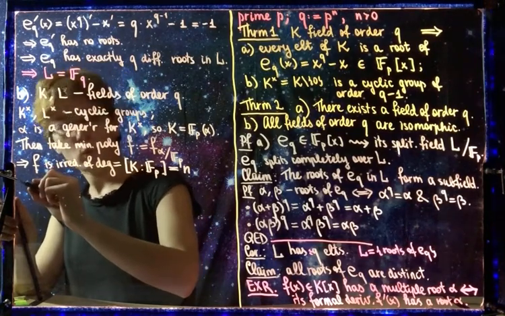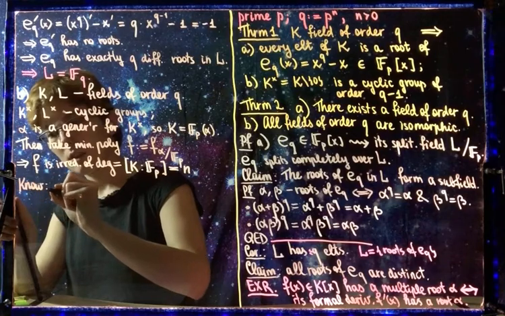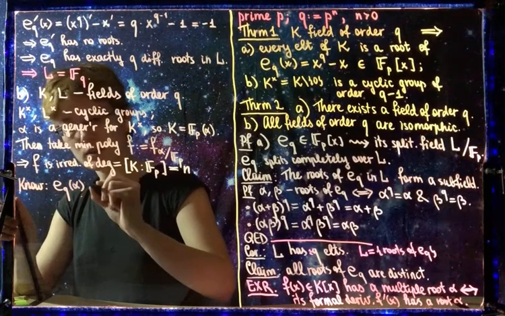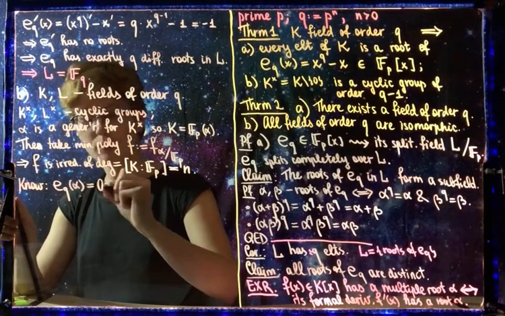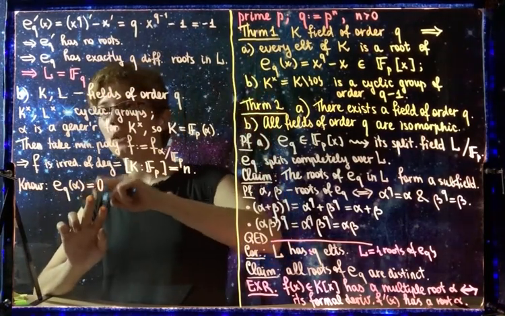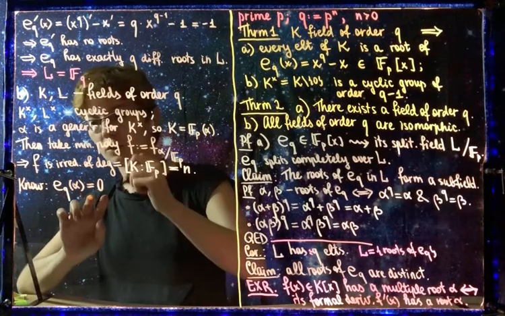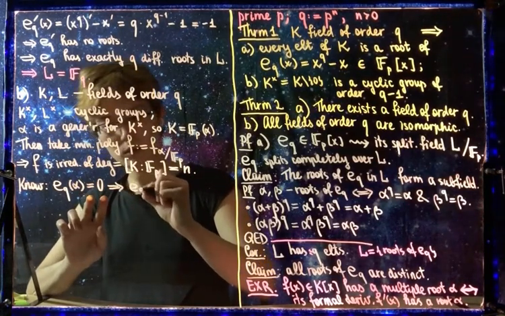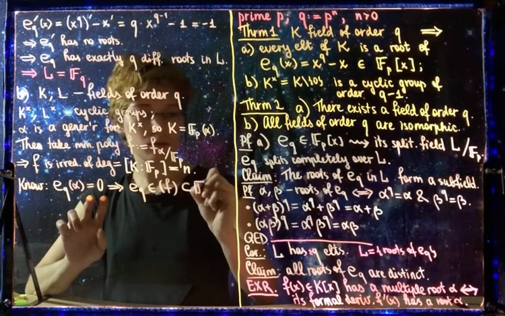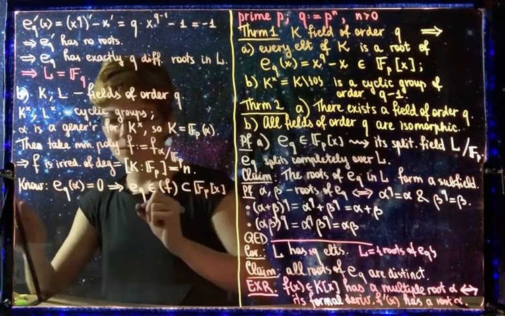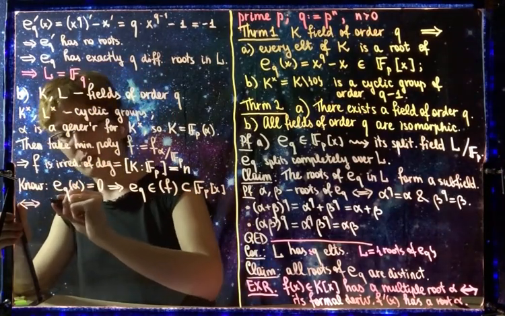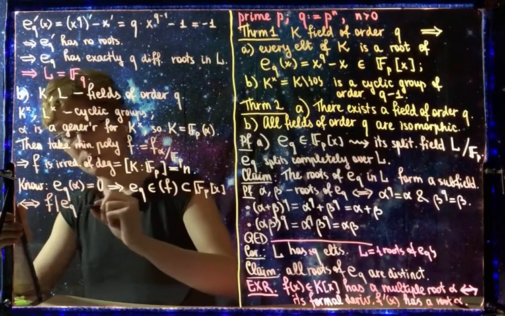Okay, so we know that E sub q of alpha is equal to 0 by theorem 1a, because alpha is an element of a field of order q. So E sub q lies in the ideal generated by F, which means that F divides E sub q.